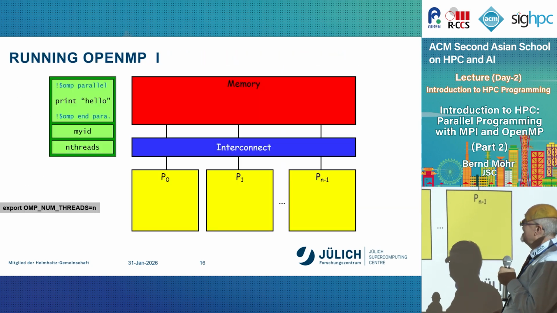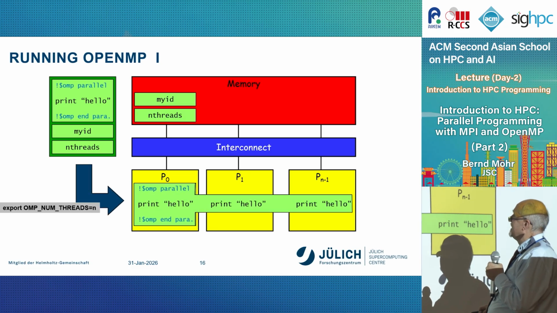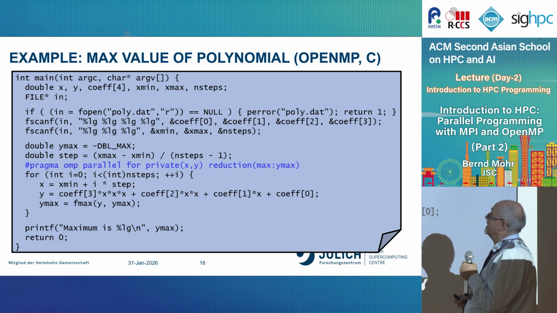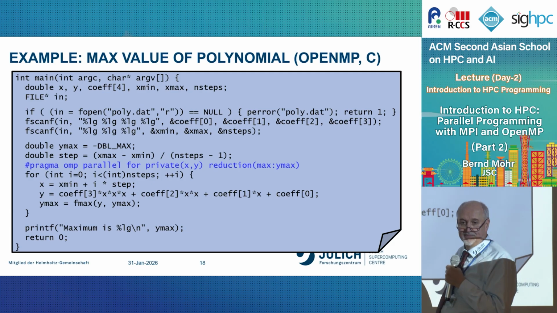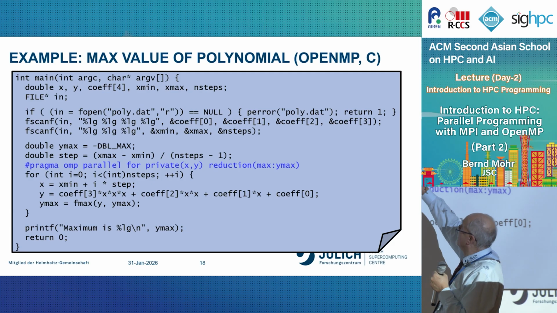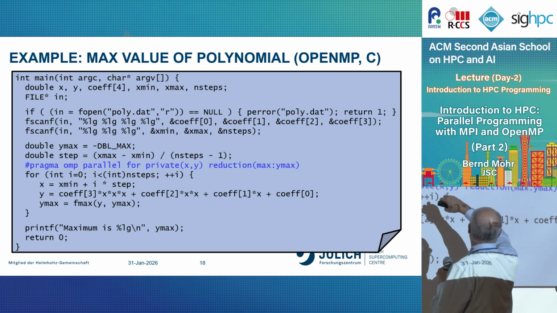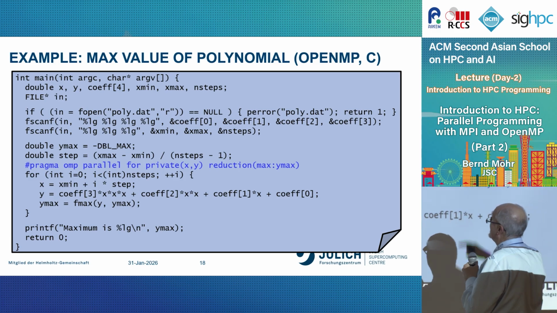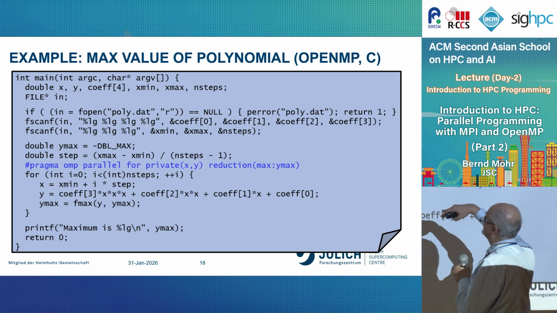Okay, and then again we want to do our maximum polynomial. Yeah, remember basically we're reading, this is the maximum polynomial. We read the poly.dat, and now I'm using the C version, not the C++ version.